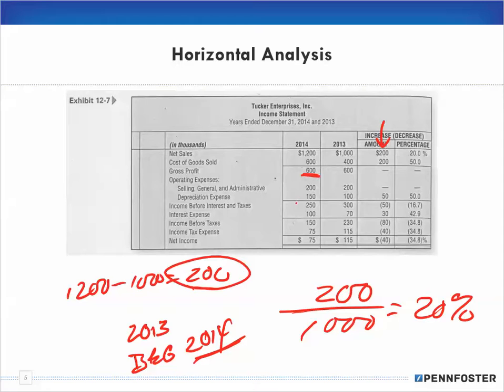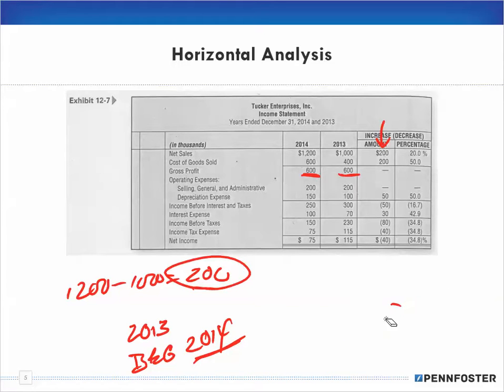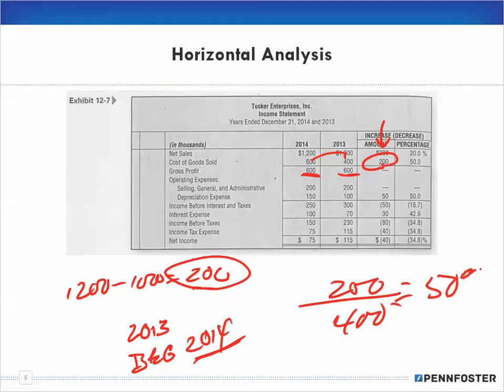Notice that my gross profit was 600 and 600, so I have 0%. My gross profit stayed the same. If I have the difference between 600 and 400, that's 200, and 200 divided by 400 is 50%. That's how I get my 50%.